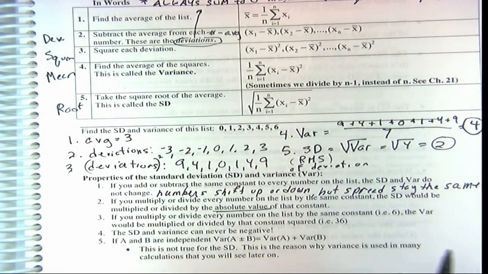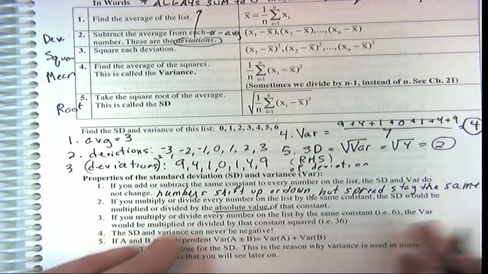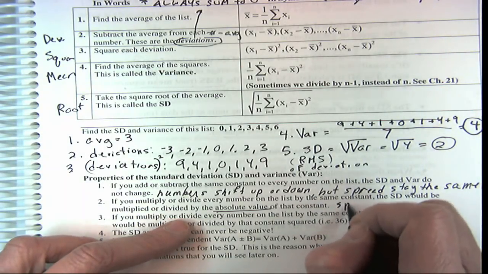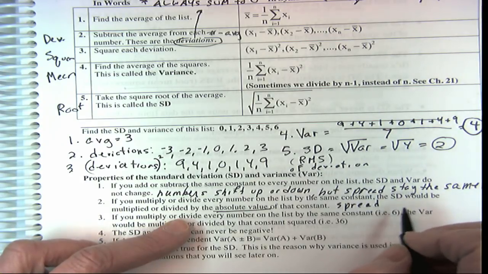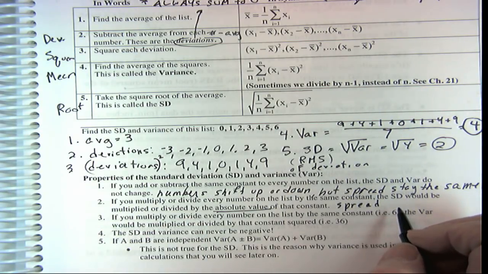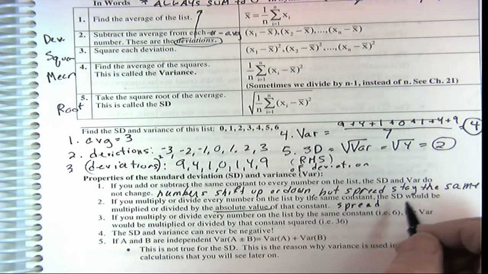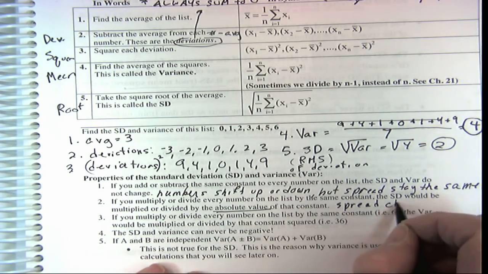Any questions on that? Does that make sense to everybody? All right. So why don't we just say the spread changes. It increases or decreases. If we multiplied by a number less than 1, the spread would decrease. So the spread changes.